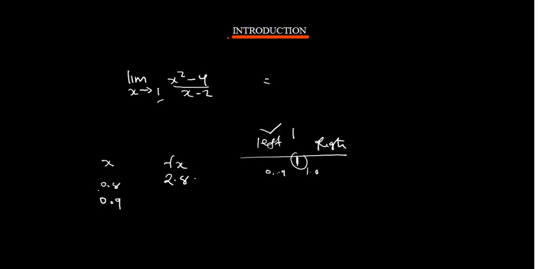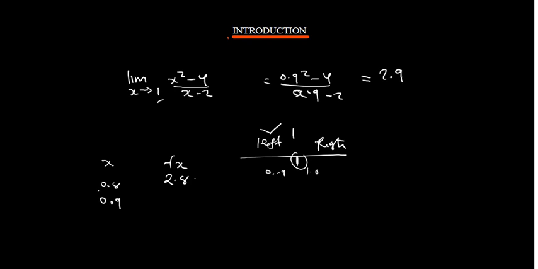If we put 0.9 there, 0.9 squared minus 4 over 0.9 minus 2, it will give you 2.9. So this is 2.9.